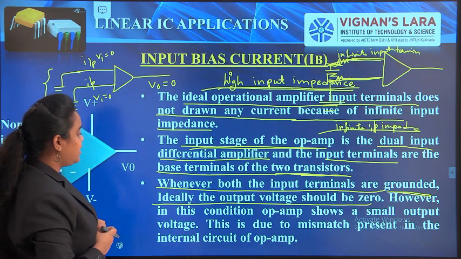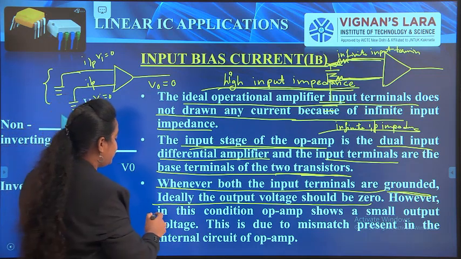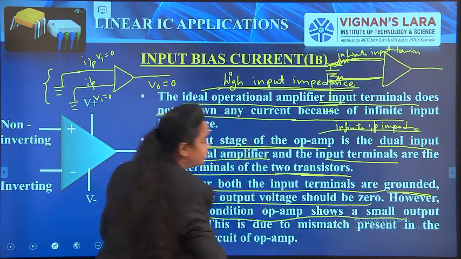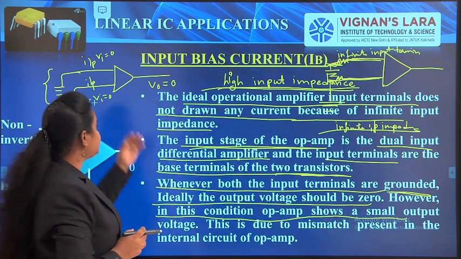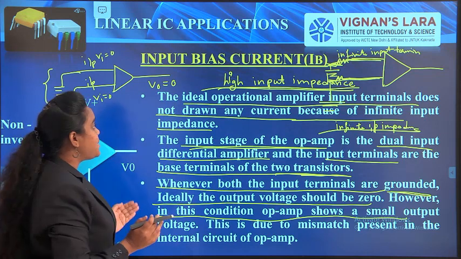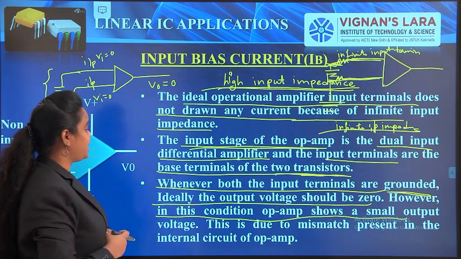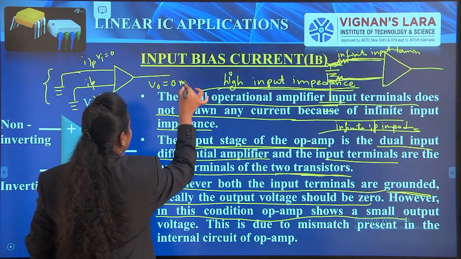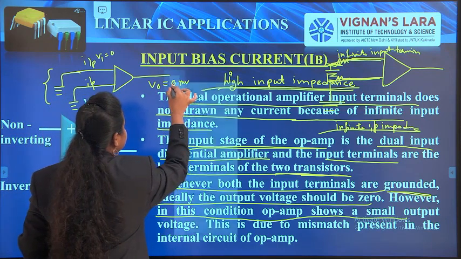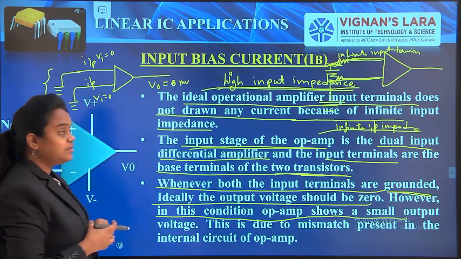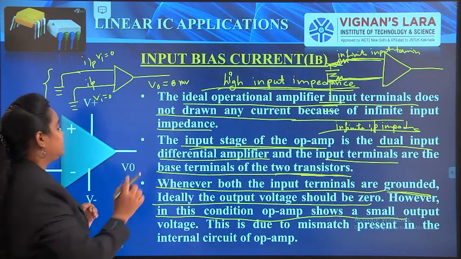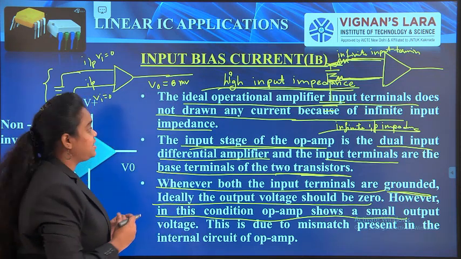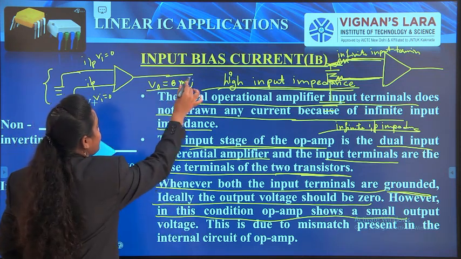However, in this condition the op-amp shows a small output, something in millivolts. The output has V naught other than 0.